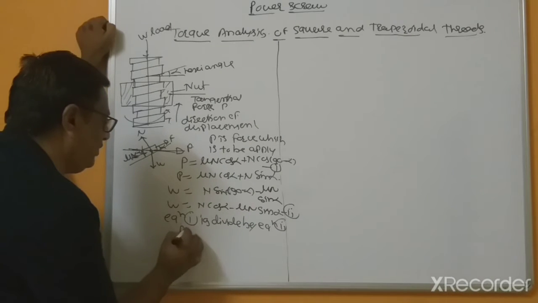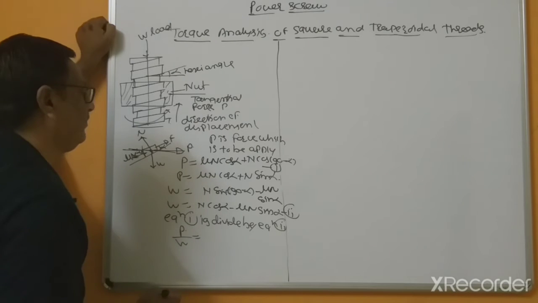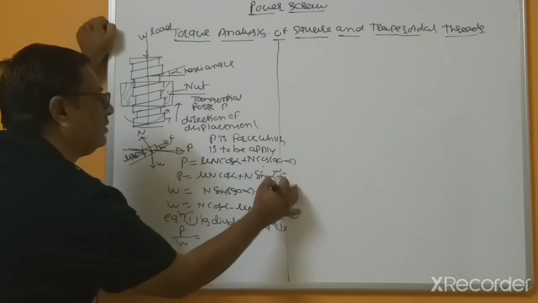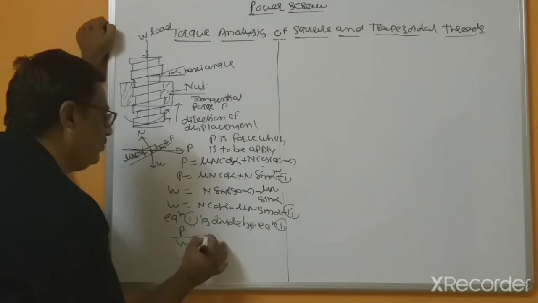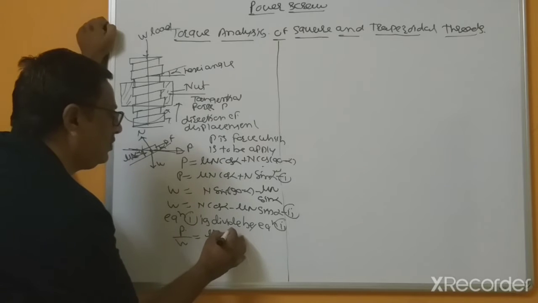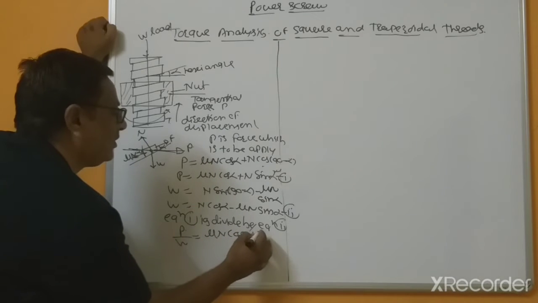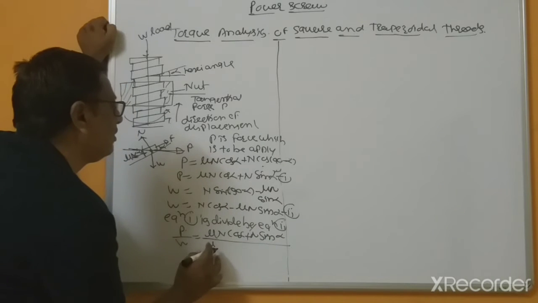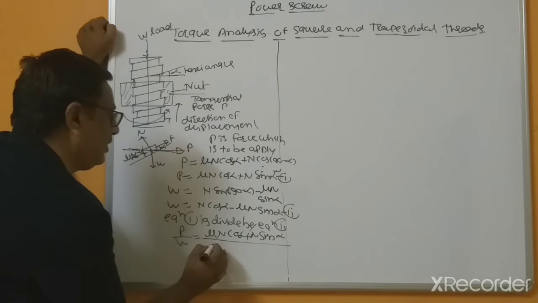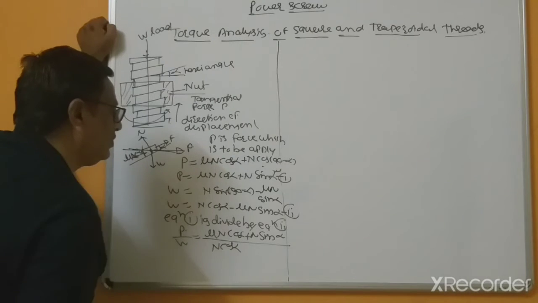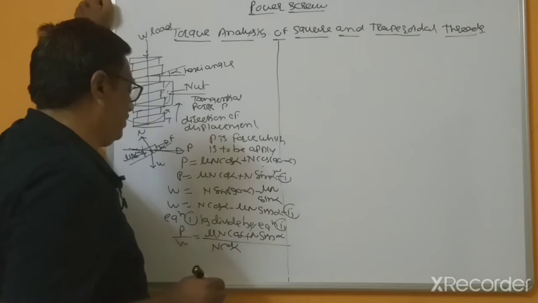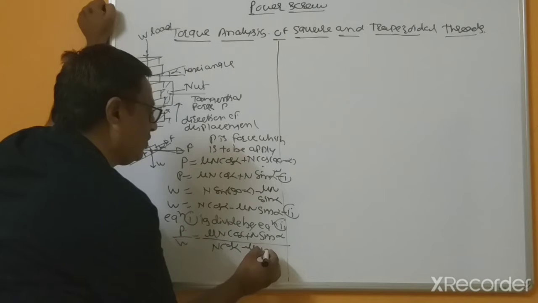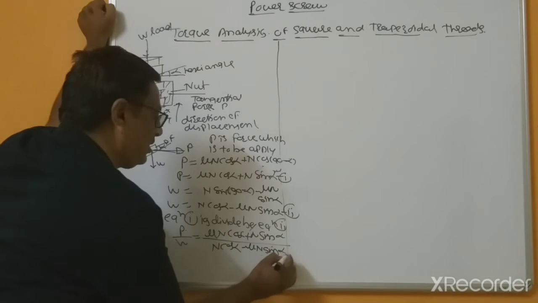So P divided by W equals mu N cos alpha plus N sin alpha, divided by N cos alpha minus mu N sin alpha.